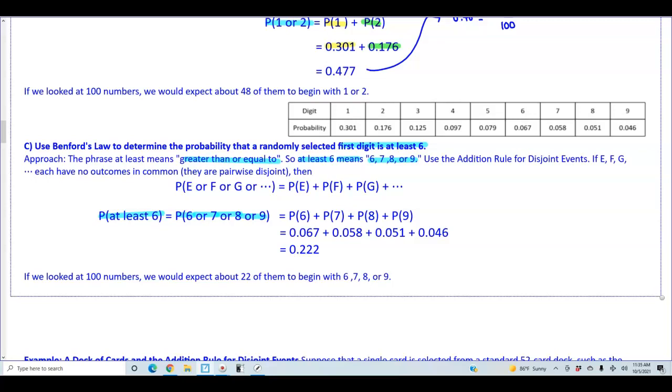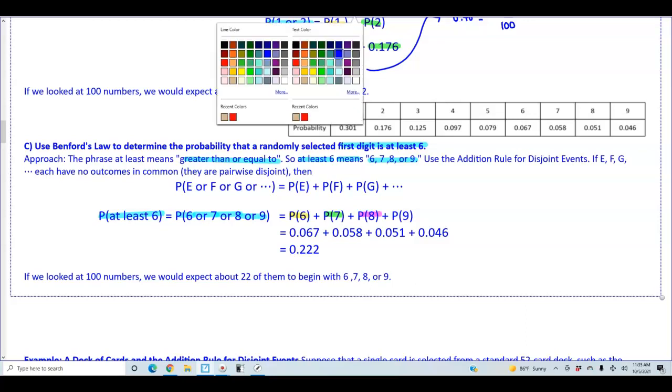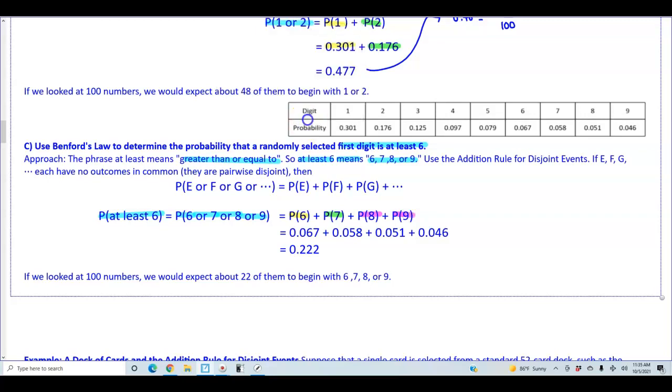So that means we want to find the probability of 6 plus the probability of 7 plus the probability of 8 and then plus the probability of 9.